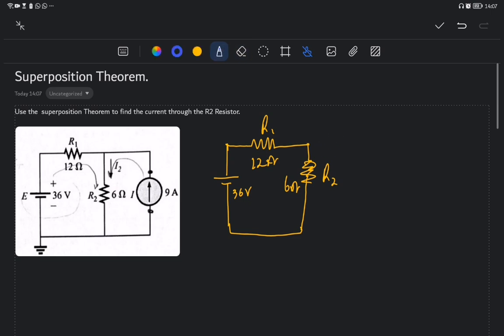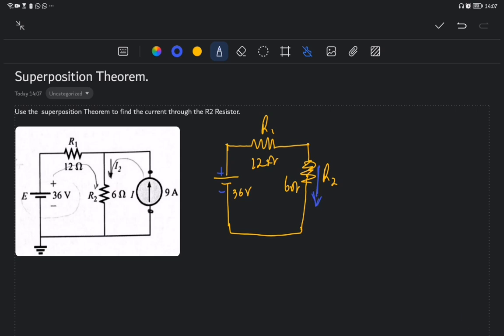And now remember, I'm looking for the what? The question said to use the superposition theorem to find the current through the R2 resistor, right? So I'm looking for the current flowing there. You agree with me that this is the positive terminal, this is the negative terminal, right? So you must find the current which is flowing there. But why? Because you're only considering the effect of one source.